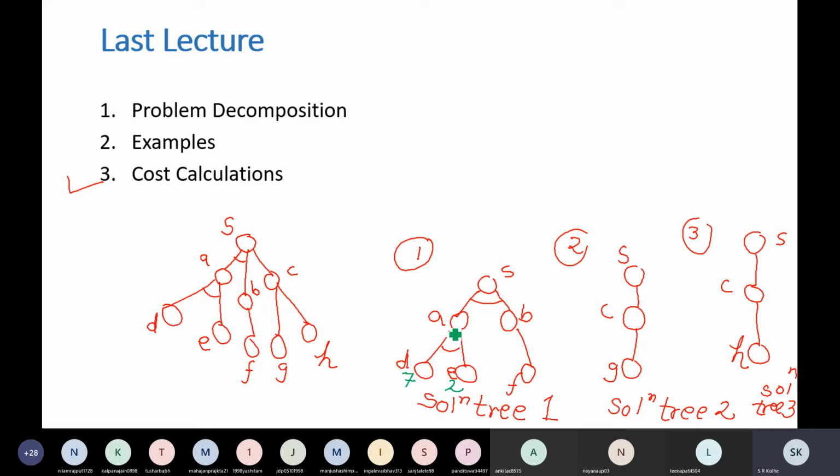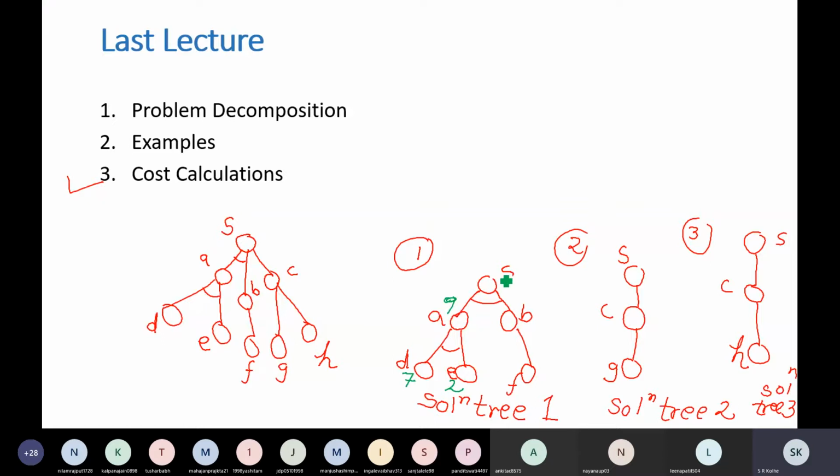So now the new cost associated with node A, after exploring A, generating D and E, will be 9, assuming that zero cost is associated with generating node D and E. Otherwise, in your Rich and Knight book, it is assumed that 1 unit cost is required to generate each node. So we are assuming that cost is 0. So cost associated with A will be 7 plus 2, that is 9, right?